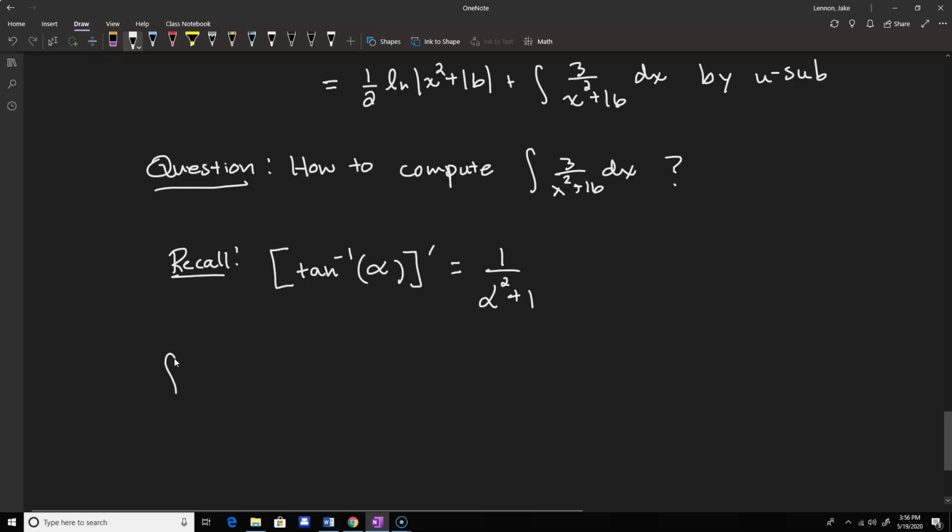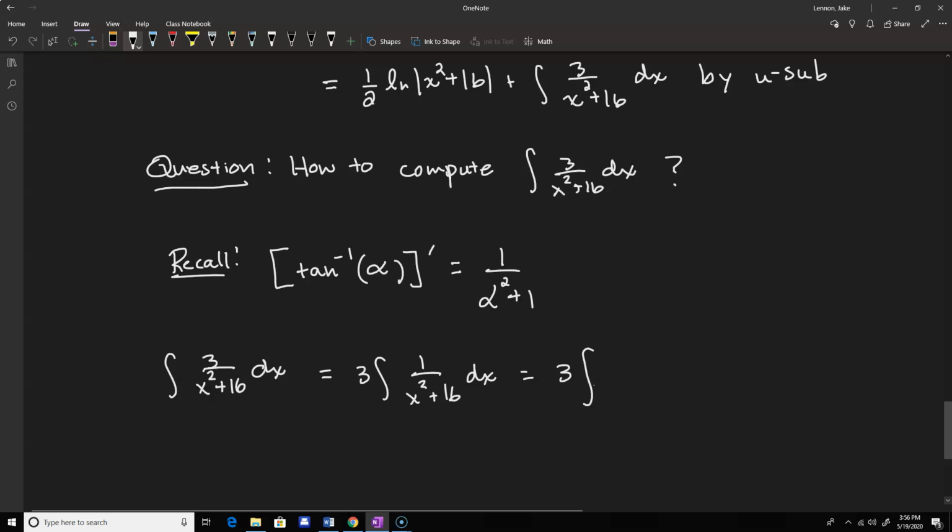The first thing we want to do is pull the 3 out of the integral. So we can write this as 3 times the integral of 1 over x squared plus 16 dx. Then we'd like to make the bottom look something like x squared plus 1, but we've got a 16 there. So we can factor out a 16 from the denominator.